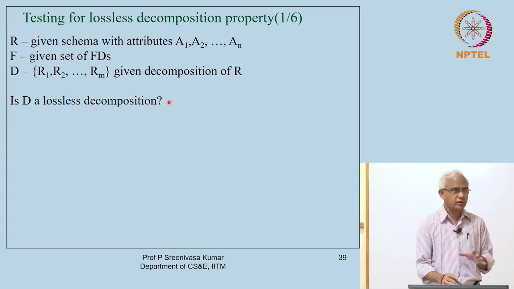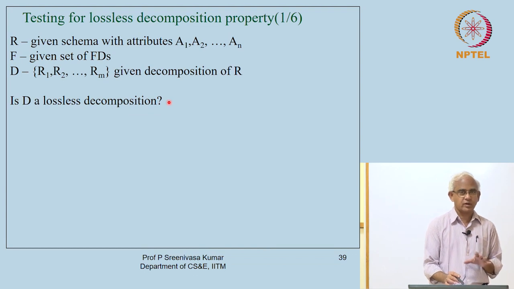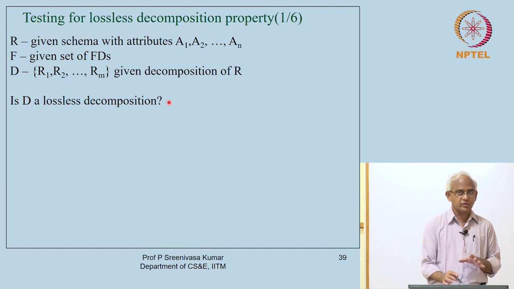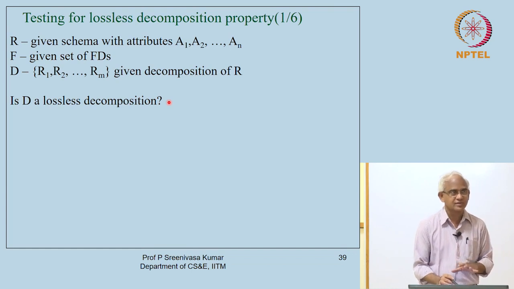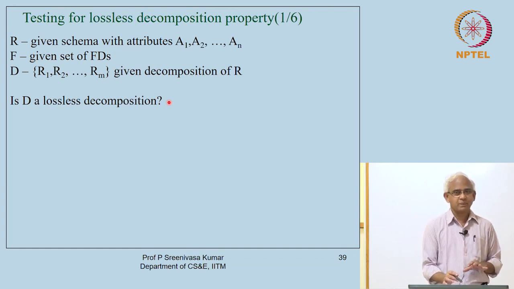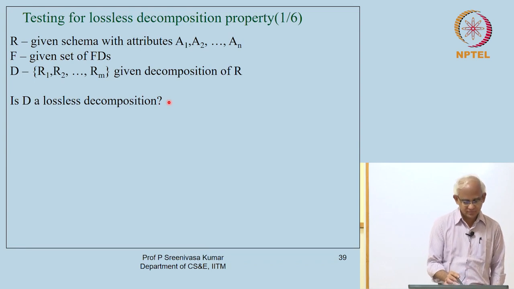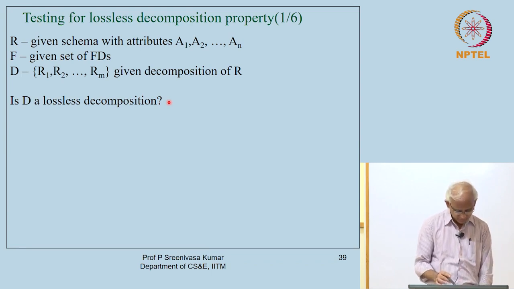Here I am going to present an intriguing looking algorithm, but will not give you any proof for this. It is an interesting algorithm, so let me present that algorithm.